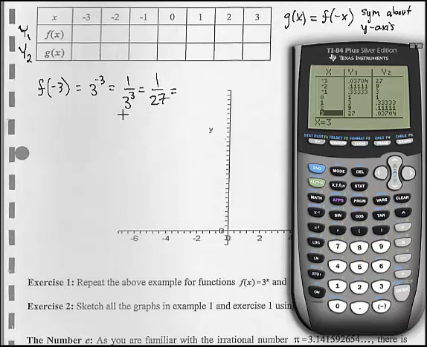Very small number. I can calculate that with my calculator, and it's already calculated in the table. We're going to get 0.03704, but just to prove to you that this is where that value comes from, I'll calculate it on the home screen.